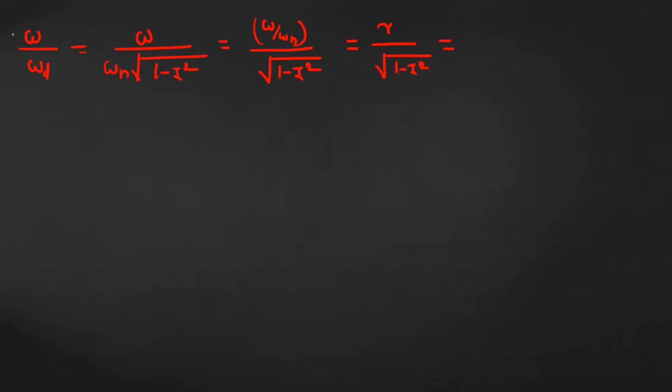Now this is equal to, now put the value of omega and omega d. So the omega value, that is the external frequency, is 628.3. Omega d is given, so this omega d value is 942. Okay. So this ratio, omega upon omega d, is 0.66.